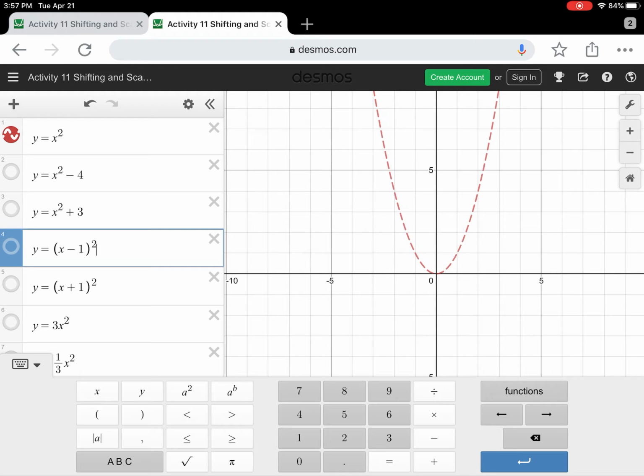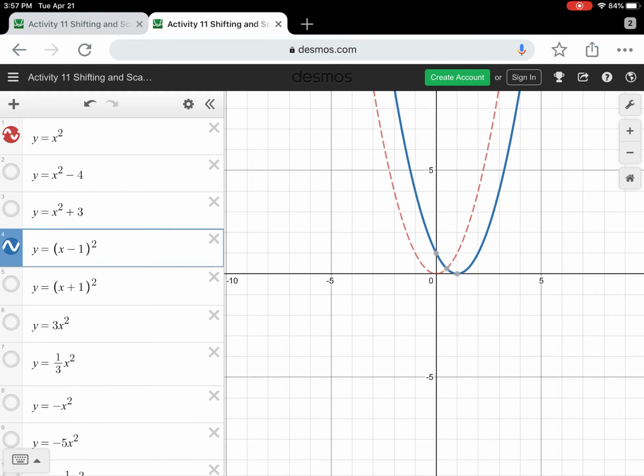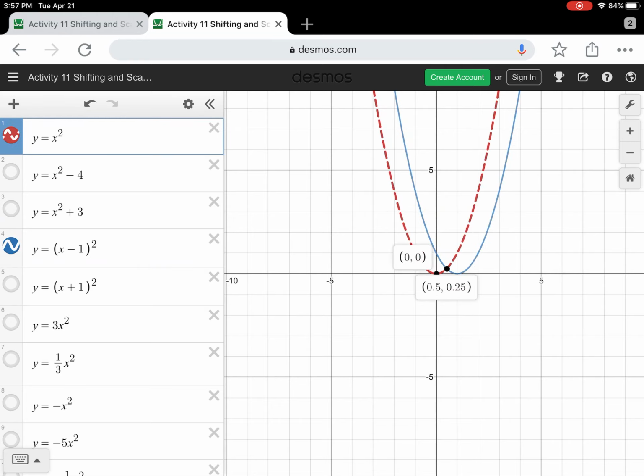But be very careful with these. This is the hardest part of this whole assignment. Whenever you have a number inside the parentheses, it's going to do the opposite of what you normally think it's going to do. So instead of going to the left one, where I think it should go, your graph is going to move to the right one.